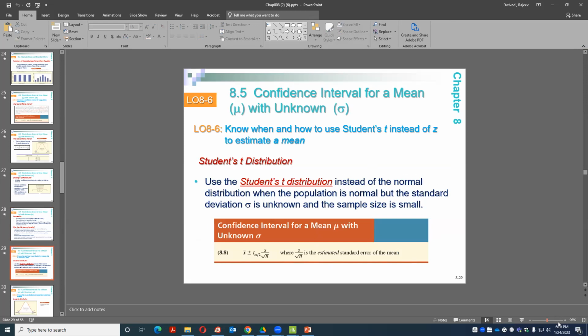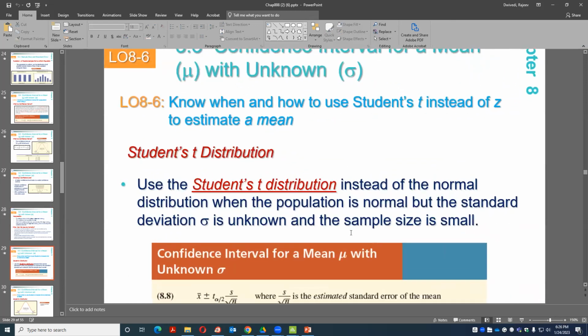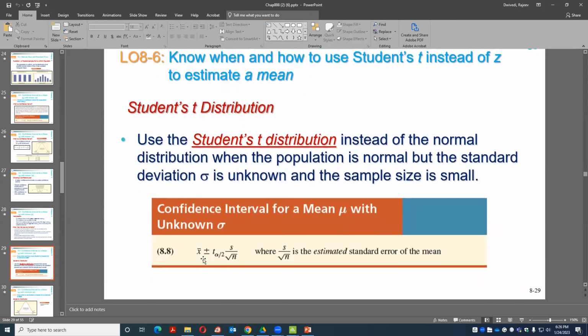X bar, the sample mean, plus minus t-value times the sample standard deviation over the square root of the sample size. There's no difference between Z and T in terms of understanding.